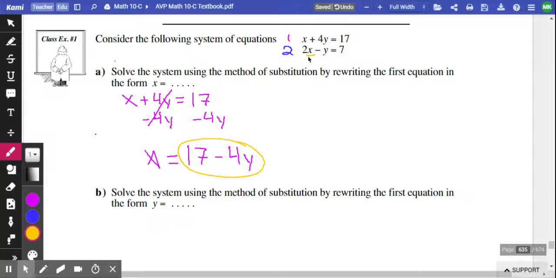What we do is we take this value, we say x equals 17 minus 4y, and we substitute it into our second equation. We're going to go to that second equation. We're going to change x to be this entire thing. I'm just going to scroll down and see if I have the space to do that.